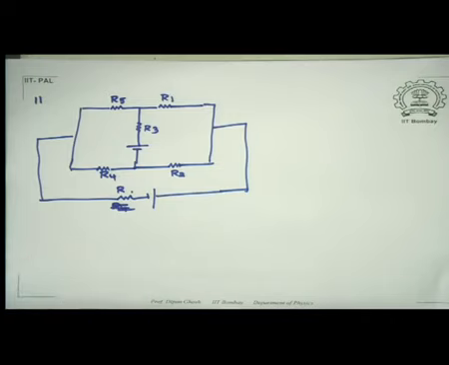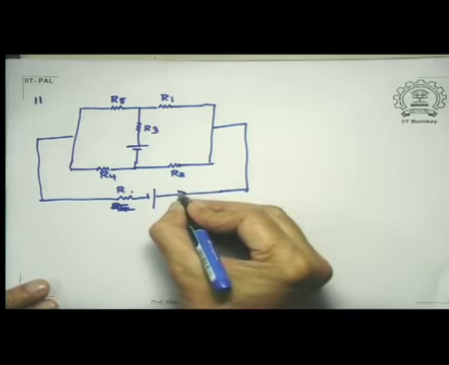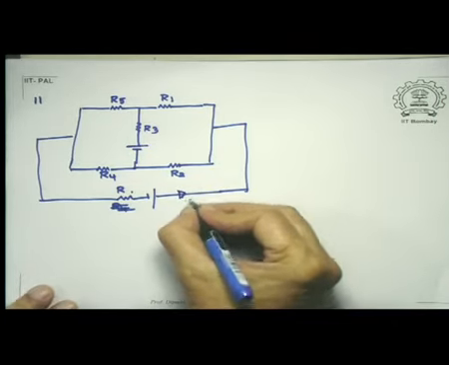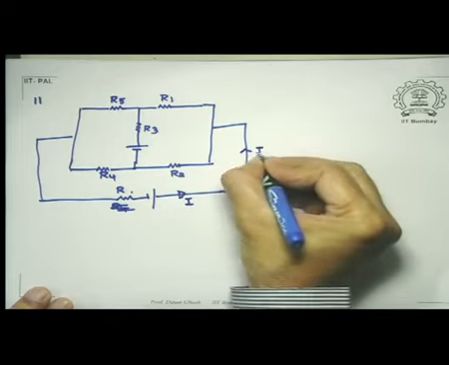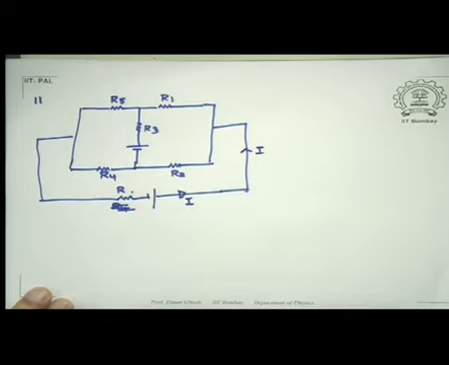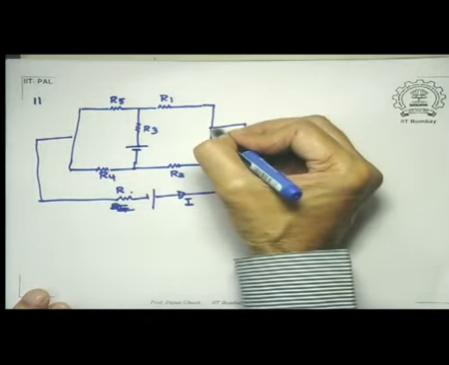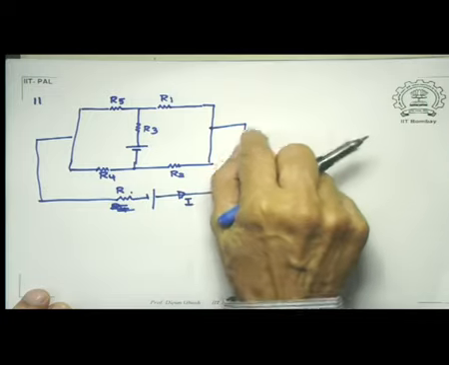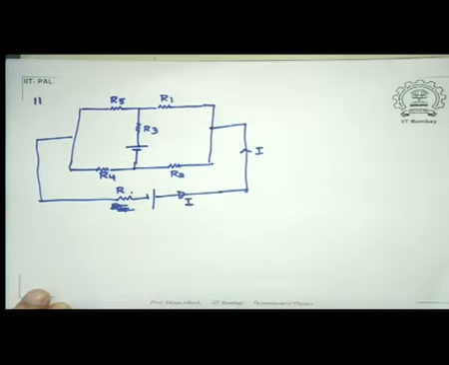So how do I look at this? How many unknowns are there? Let us look at this first. There is this general current which is going out, let us call this I. Now this I gets divided at the junction. Remember I said that the algebraic sum at this point is 0.